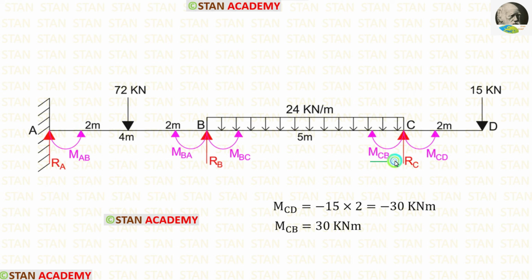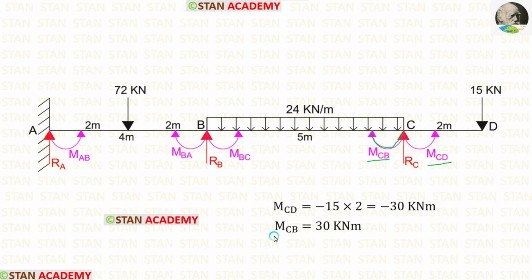The values of MCB and MCD will be same, but only the direction will be different. MCD is acting in the anticlockwise direction, so it will be negative. MCB is acting in the clockwise direction, so it should be positive. But the values of MCB and MCD will be same.